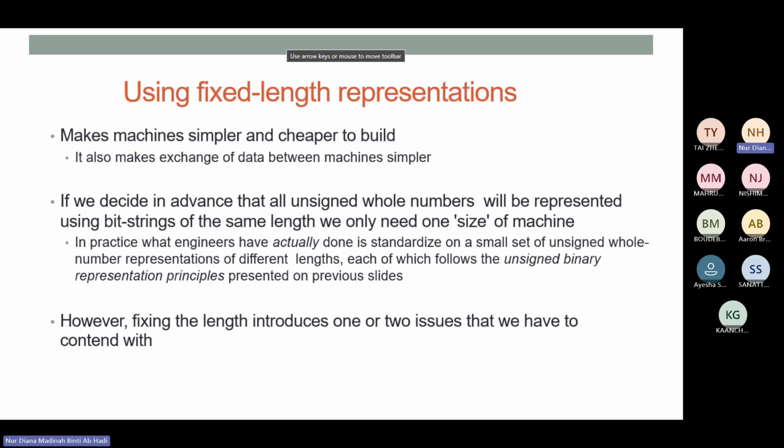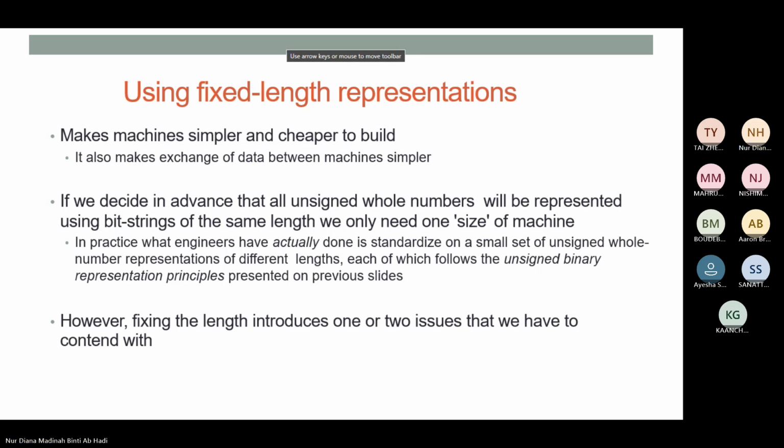If we decide in advance that all unsigned whole numbers will be presented using a bit string of the same length, we only need one size of machine. But then, in practice, what engineers would do is standardize a small set of unsigned whole number representations of different lengths, where each of them will follow the unsigned binary representation principles presented in the previous slide.